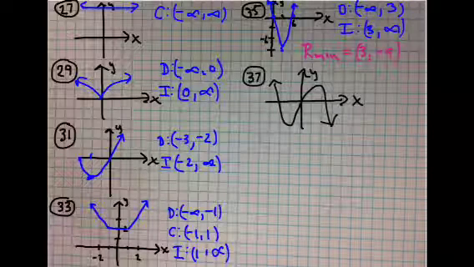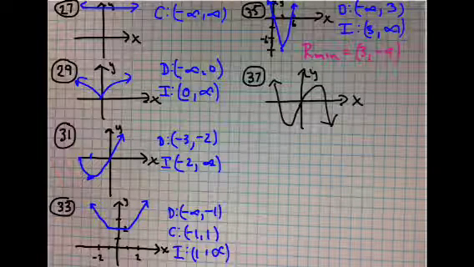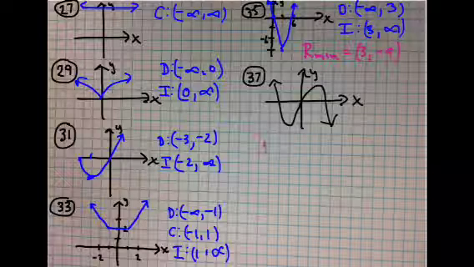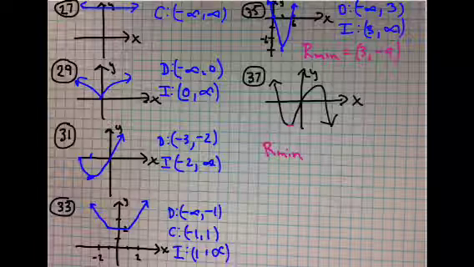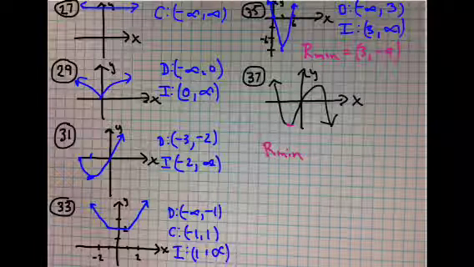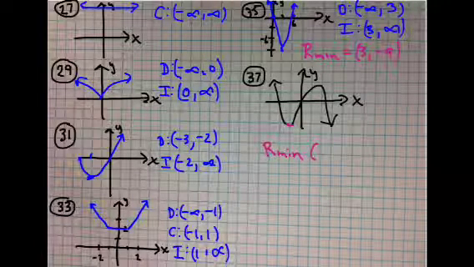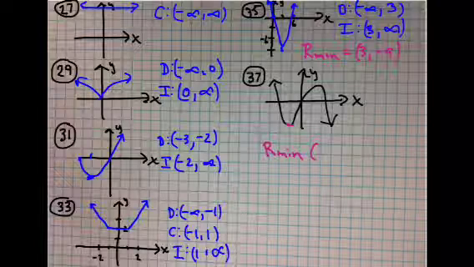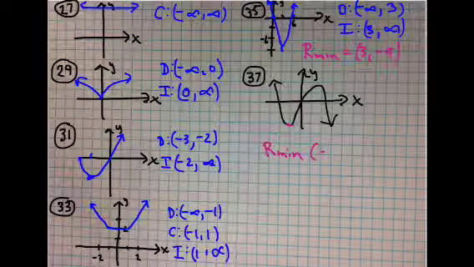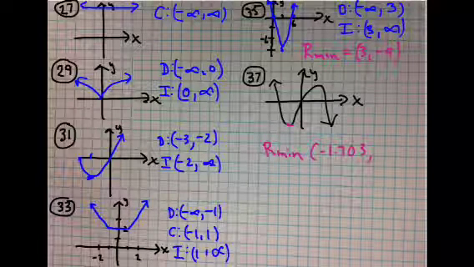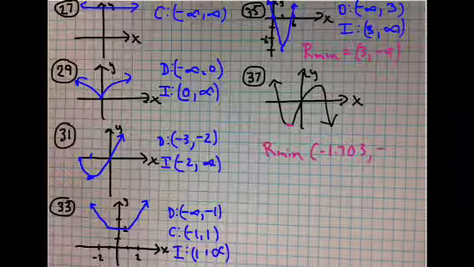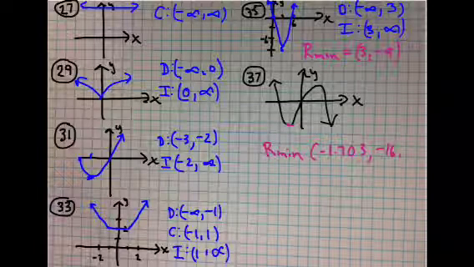And so the relative minimum would be the point right here, and the coordinates for that one are negative 703, and the y coordinate negative 16,864.